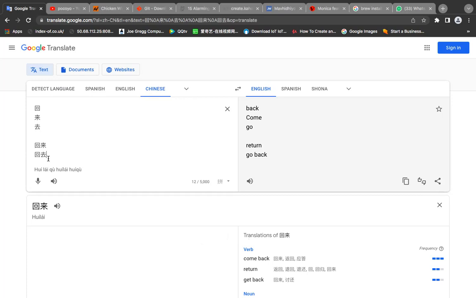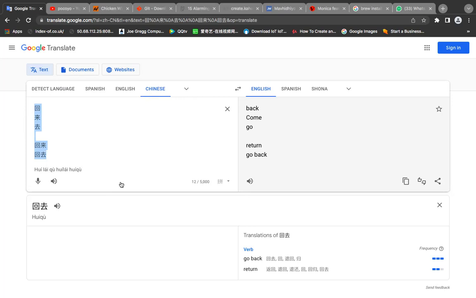Hui chu is used where you don't belong there, maybe somebody walked into your place uninvited, or invited but you don't want them there. Hui lai will be used where you've been here before, you returned. That will be the usage there.